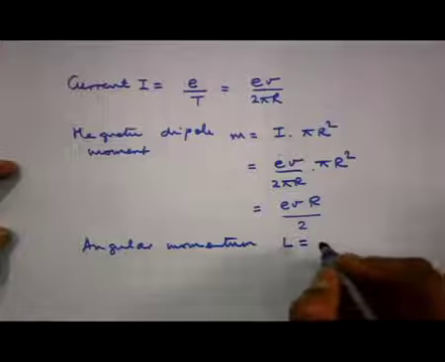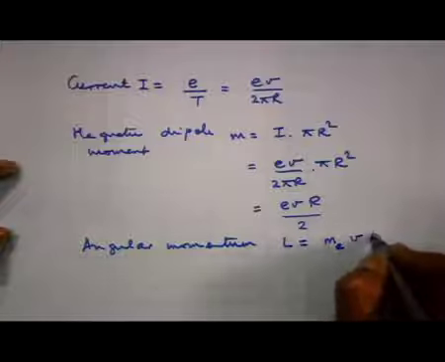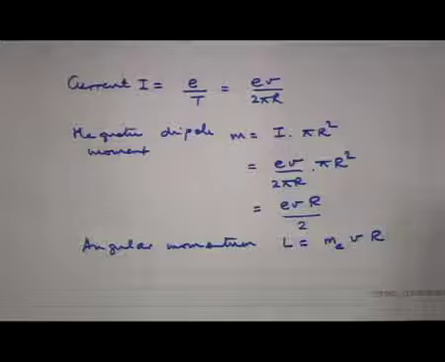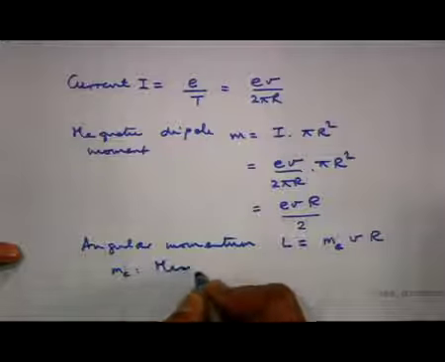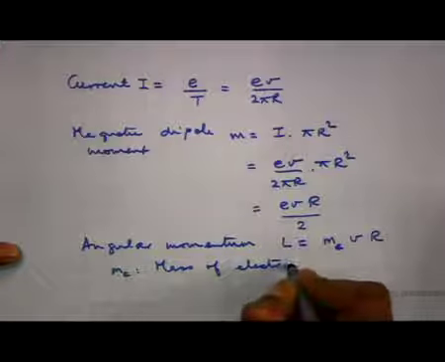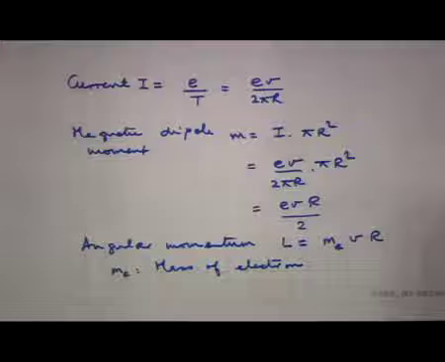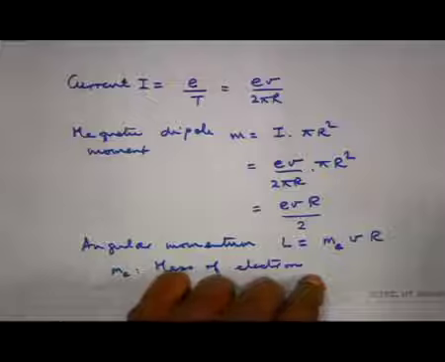L is equal to the mass of the electron, which I call me, into v times r. So, m e v r is the angular momentum, where me is the mass of the electron here. Please note m is representing the dipole moment and me represents the mass of the electron.